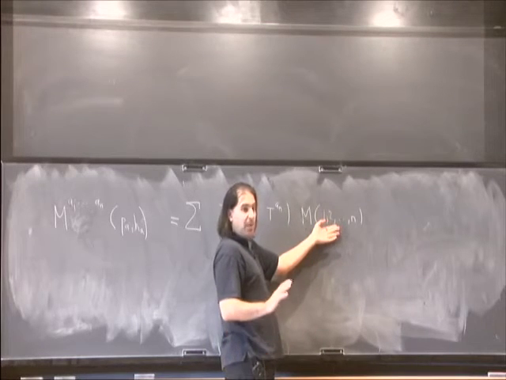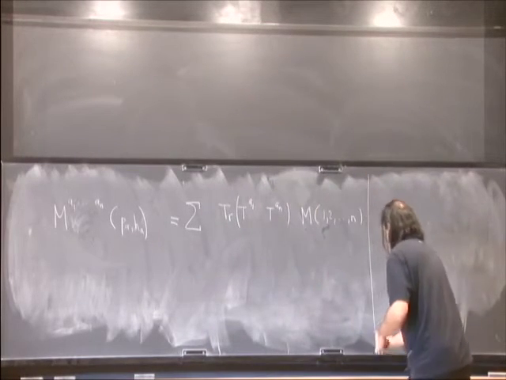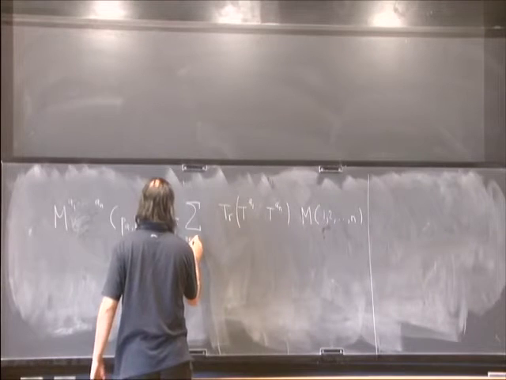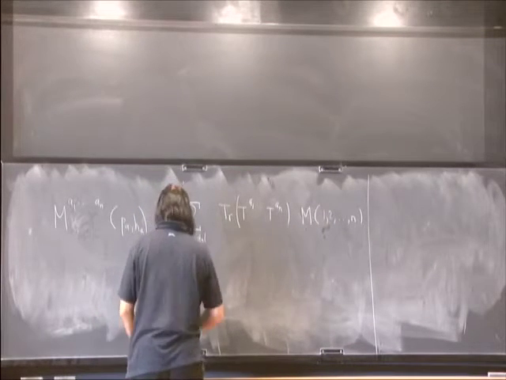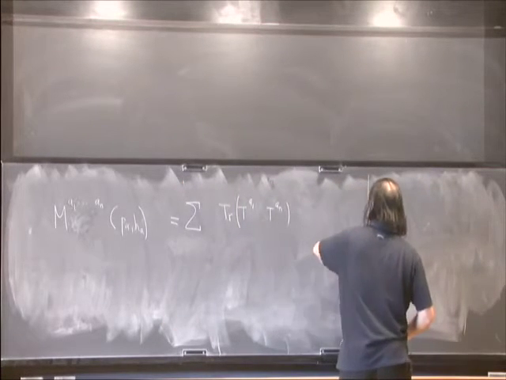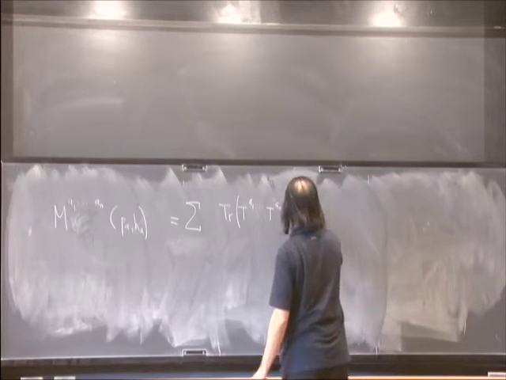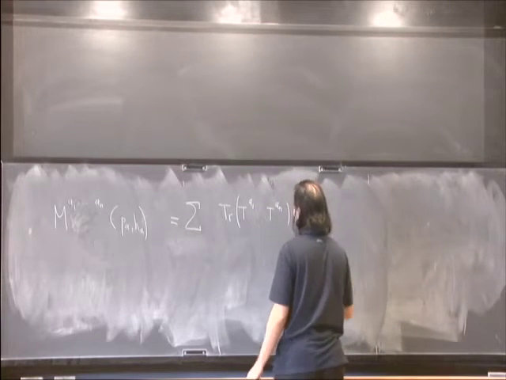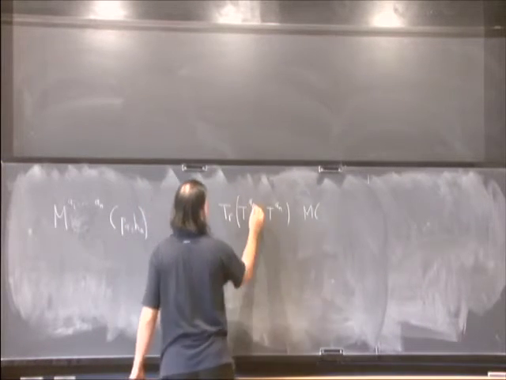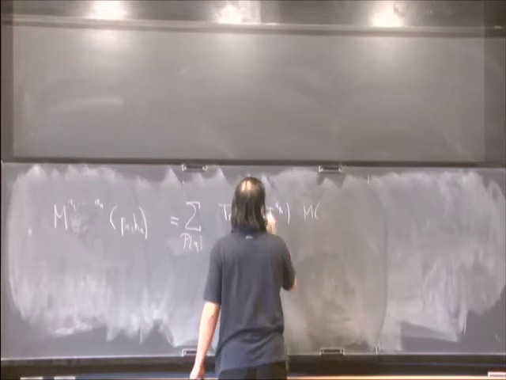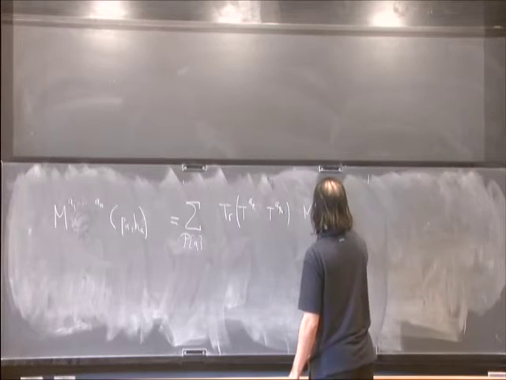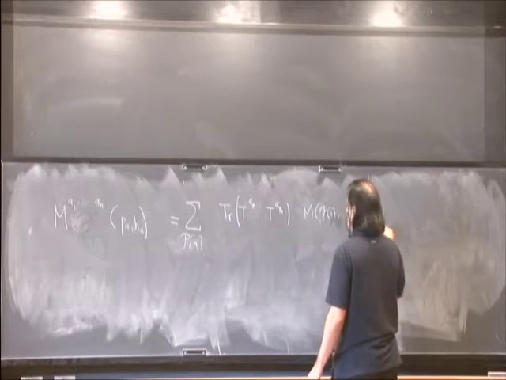So it's a sum over permutations. Let me be very explicit: it's a sum over permutations of the A's, of trace T^{A_P1} up to T^{A_Pn}, times M of P1 up to Pn, the permutation of 1 up to the permutation of n.